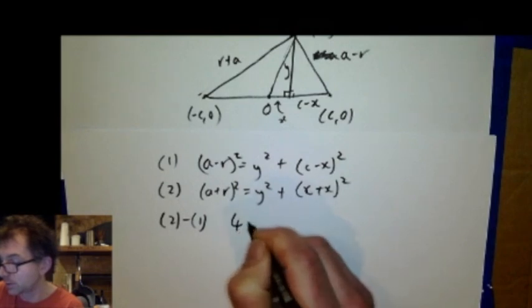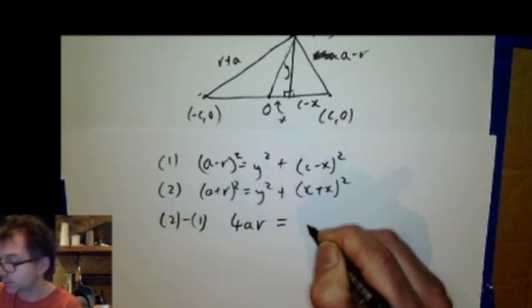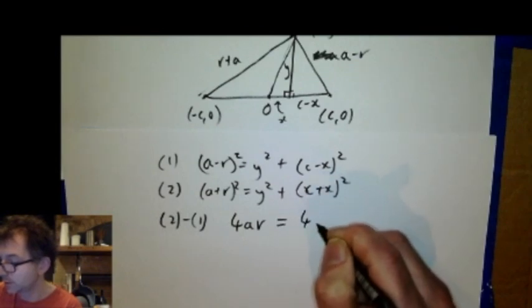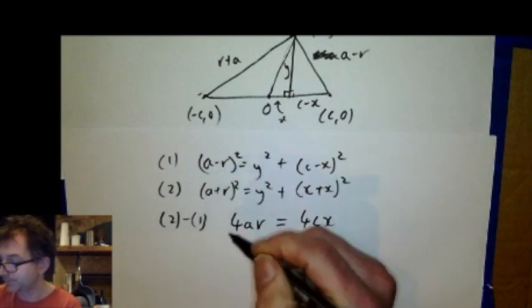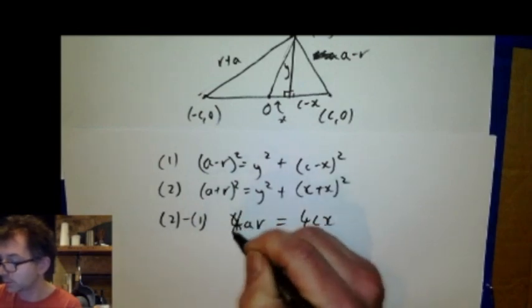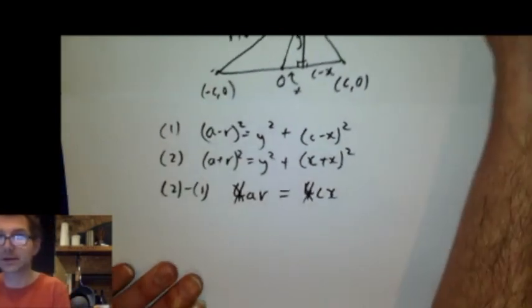So I will just write out the result of doing this calculation. Do feel free to check it. You get 4ar is 4cx. So we can cancel the 4s. We get ar equals cx.